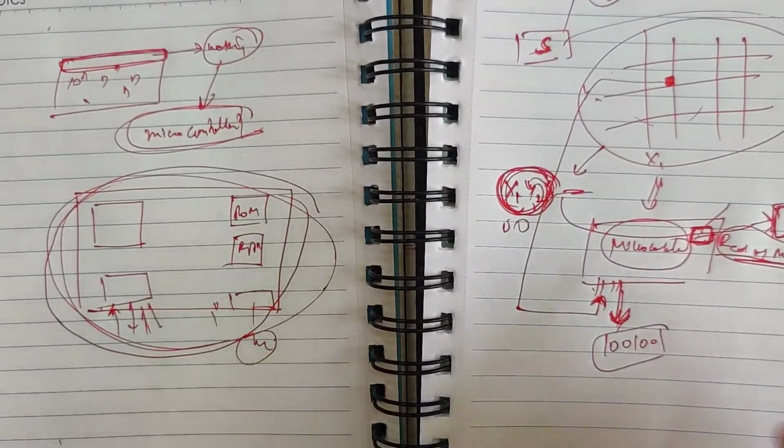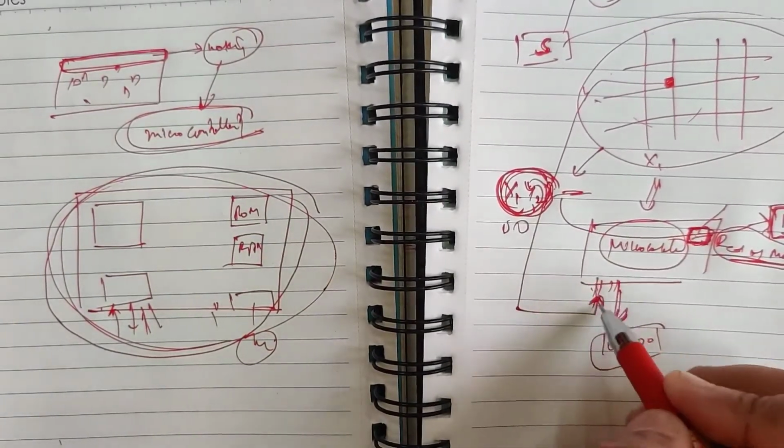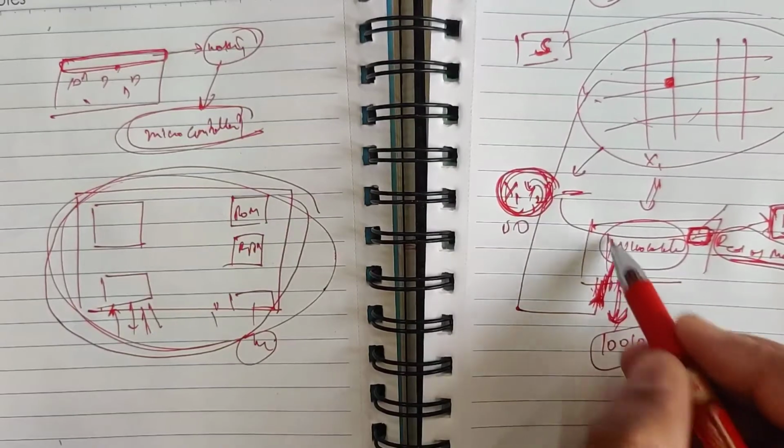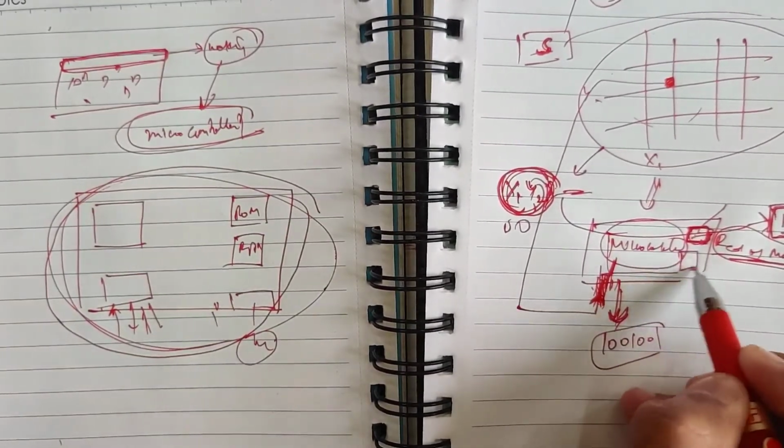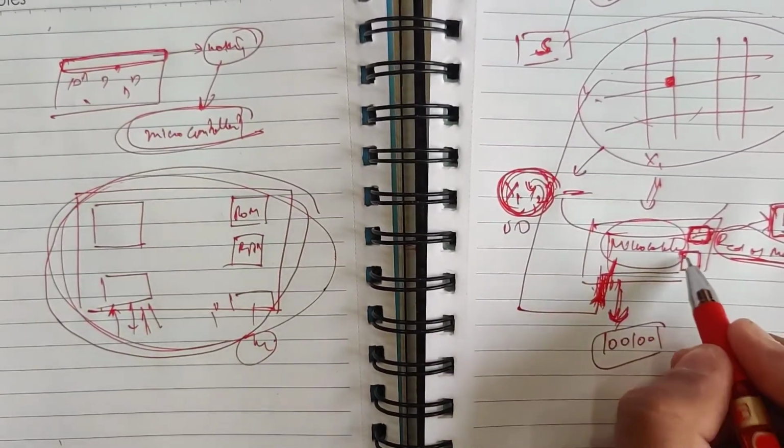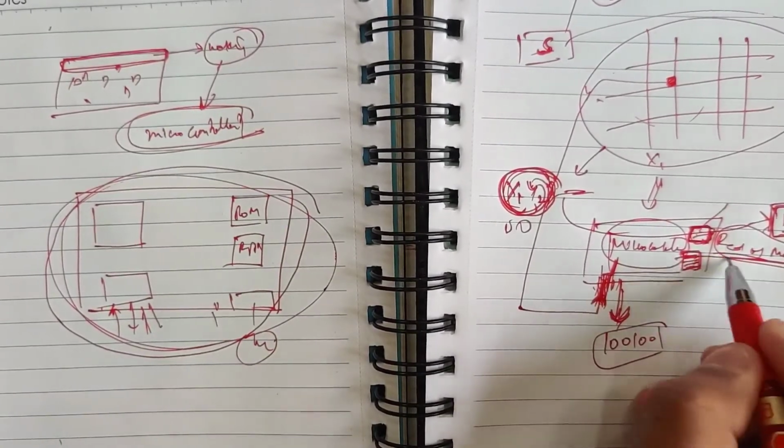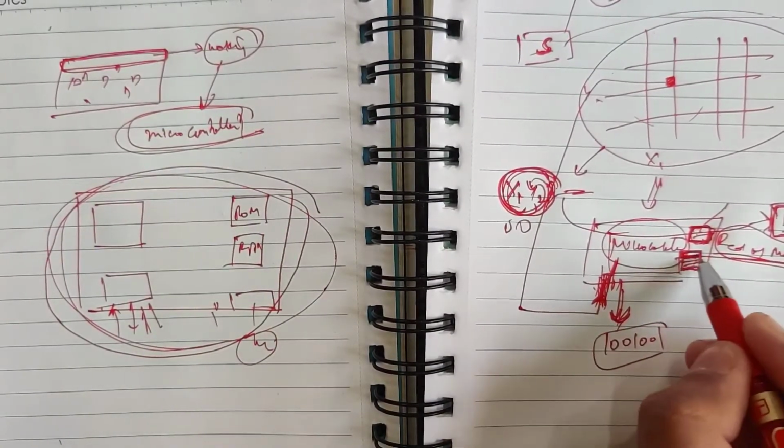This is my understanding: the inputs first go to the RAM, because whenever a key is pressed, it goes to RAM.